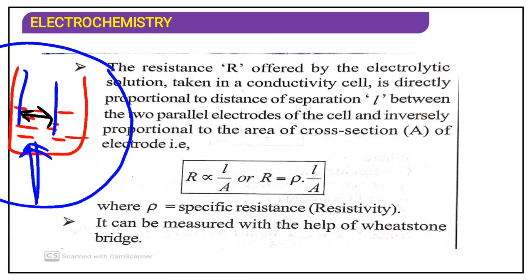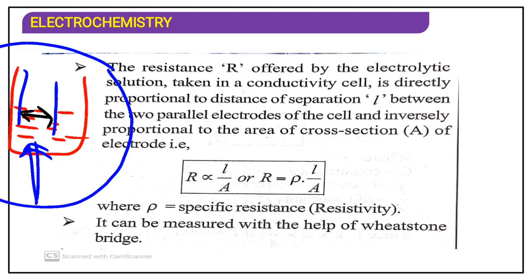So the resistance of the solution is directly proportional to the distance between the two parallel electrodes of the cell, and inversely proportional to the area of cross section.